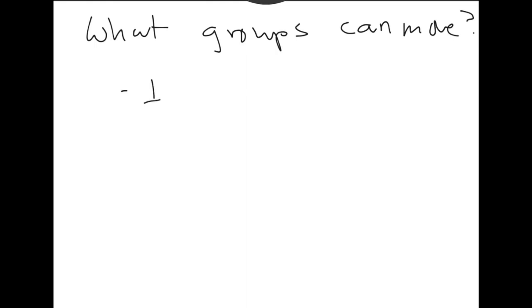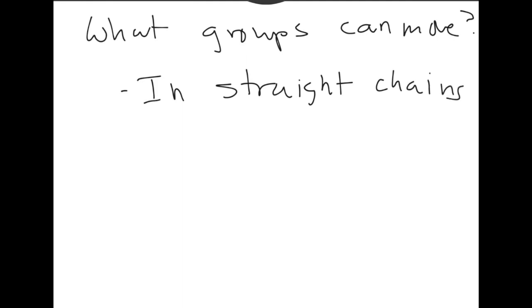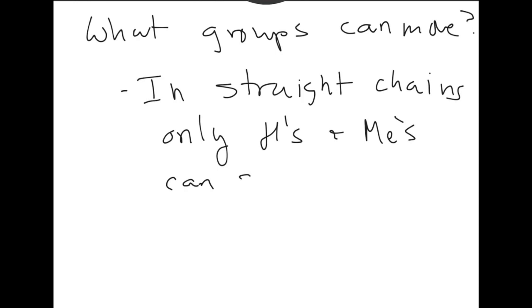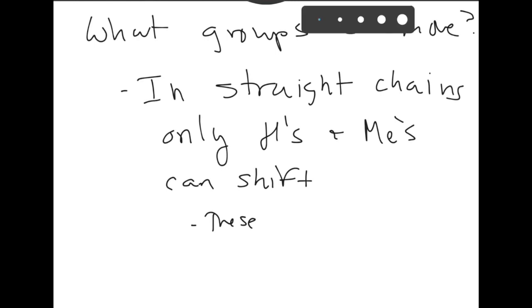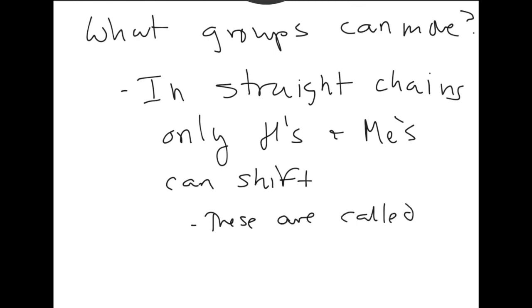In a straight chain, only H's and methyls can shift, can rearrange, can move from one carbon to another. These movements are called 1-2 shifts.